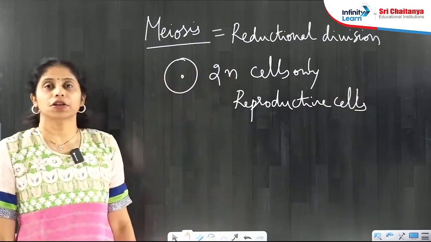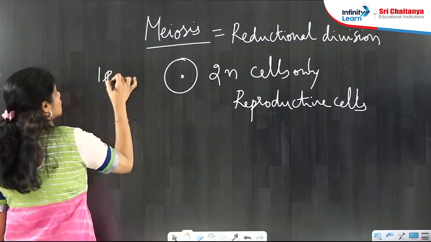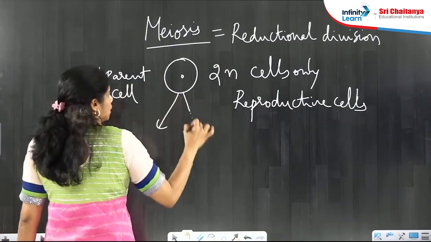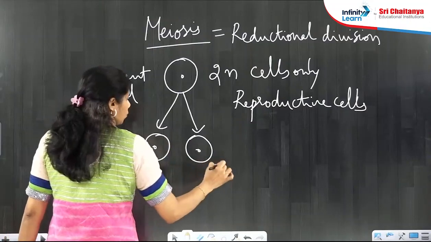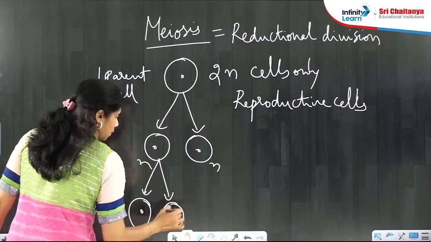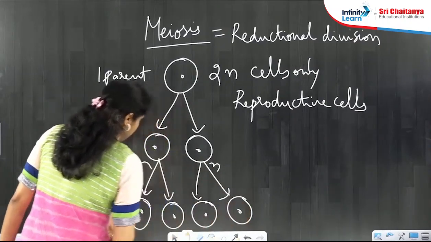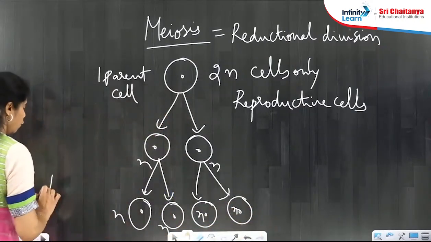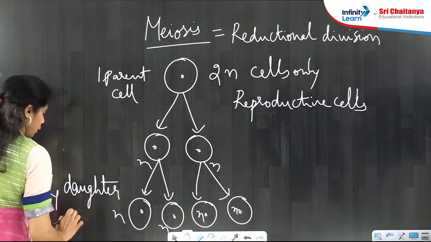So reproductive cells or germ cells will undergo meiosis. One parent cell will undergo meiosis and finally form four daughter cells. So 4 daughter cells are obtained by meiosis.